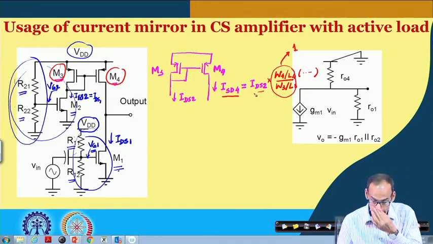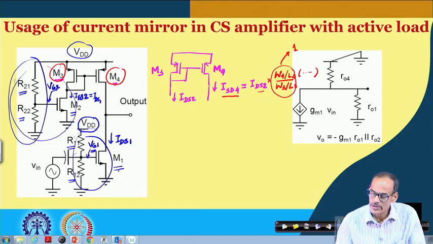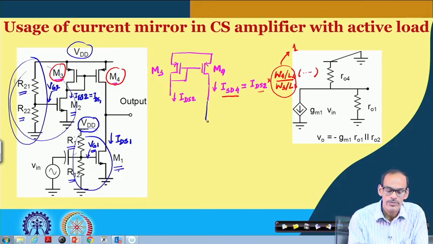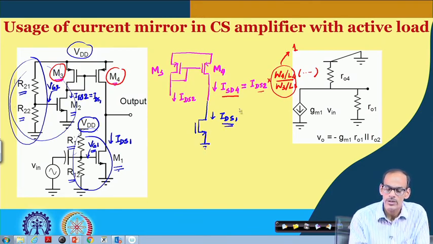And at the lower side we do have transistor 1, which has IDS 1. So, that makes the current here equal to this one, assuming IDS 2 equals IDS 1.